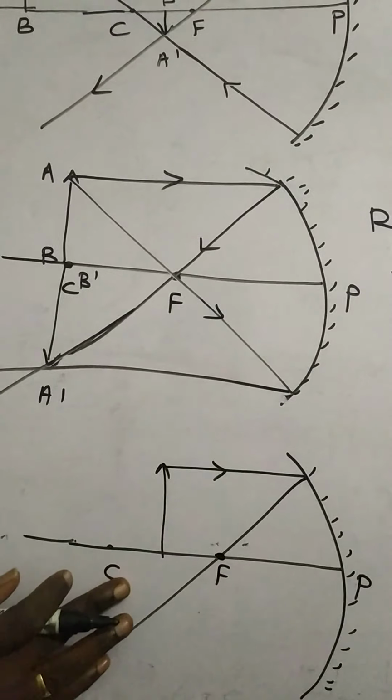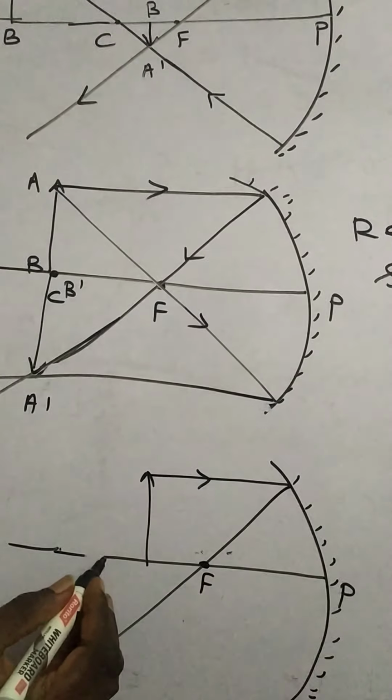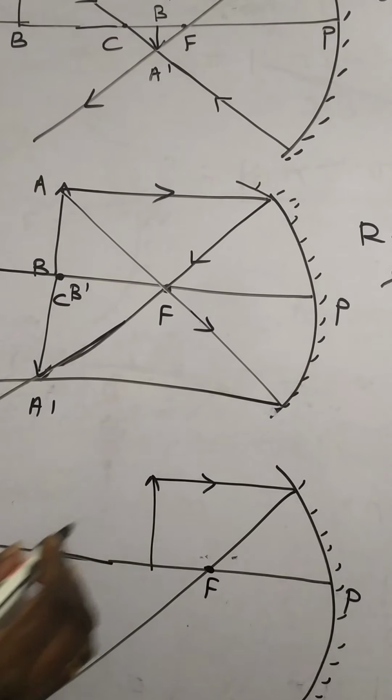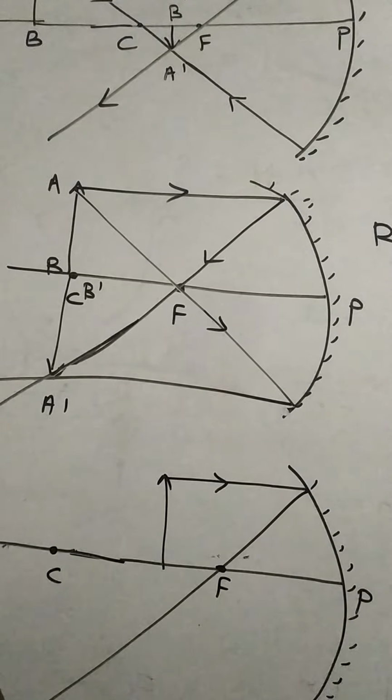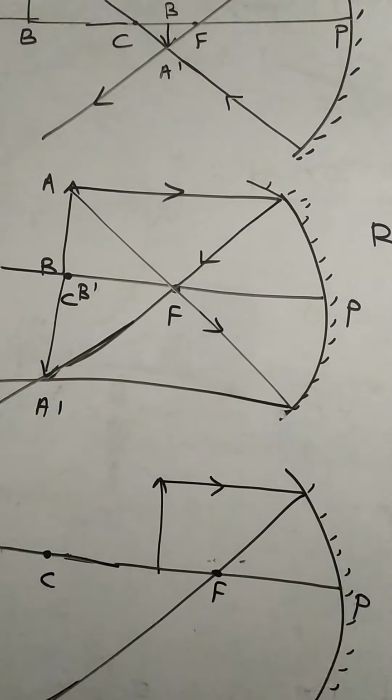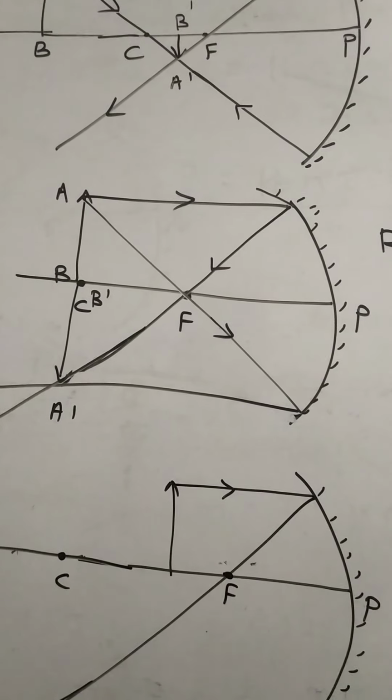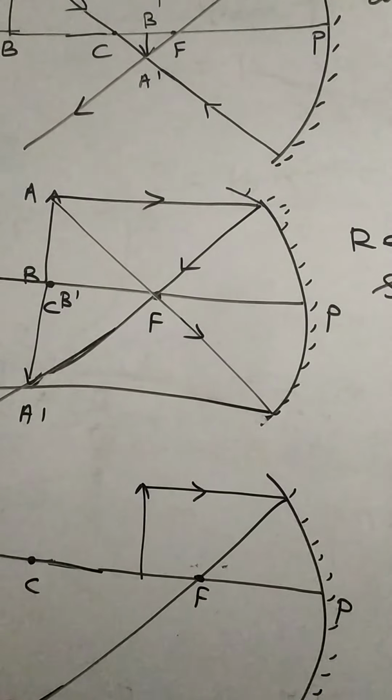If rays pass towards the center of curvature, the rays are undeviated.